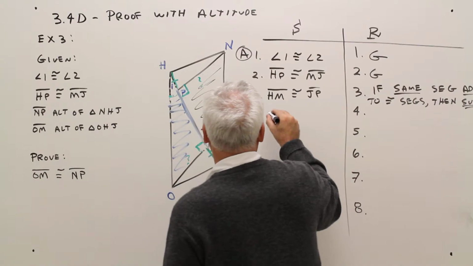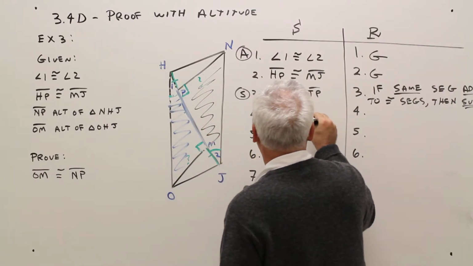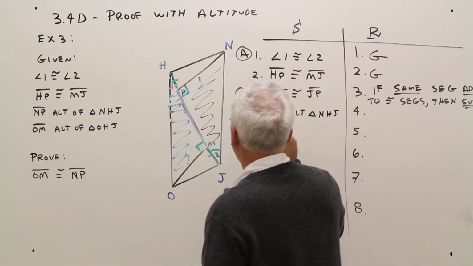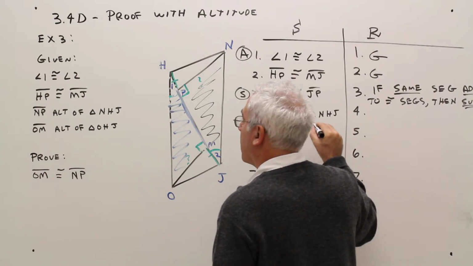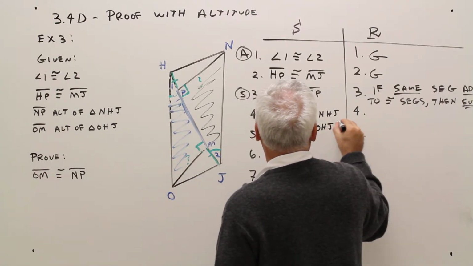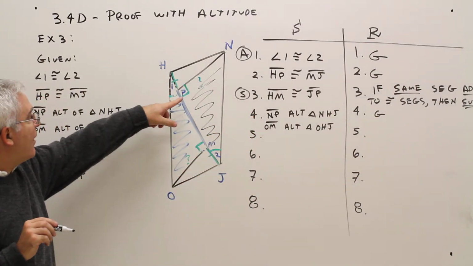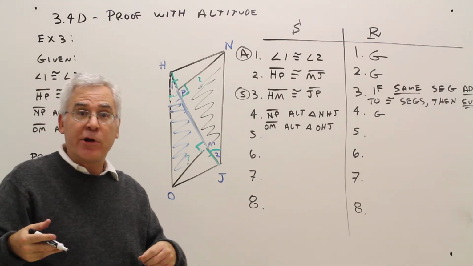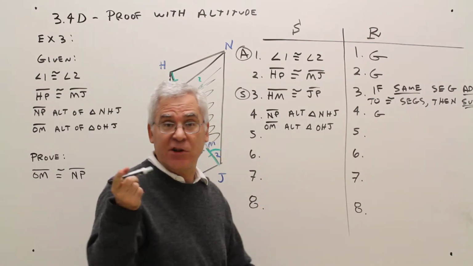So for 4, NP is an altitude of triangle NHJ, and OM is an altitude of triangle OHJ. That was given. And then from that, I can get the right angles. If altitude, then right angle. You could also say if altitude, then perpendicular, whichever route you want to go. The definition had both.